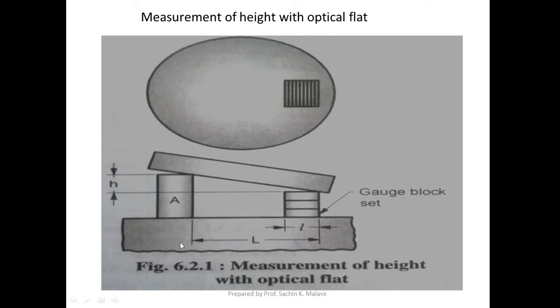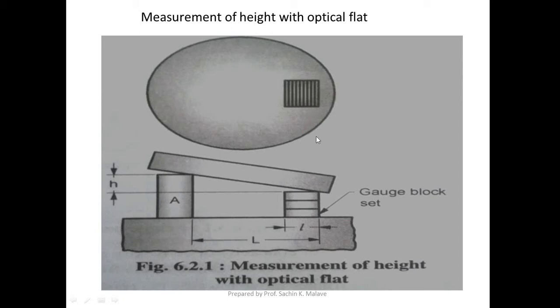Here, this is the optical flat and this is the gauge block set. There is an air wedge between this gauge block set and the optical flat. This is the amount of air wedge between the optical flat and the gauge block set. Due to this air gap, this fringe pattern is formed.